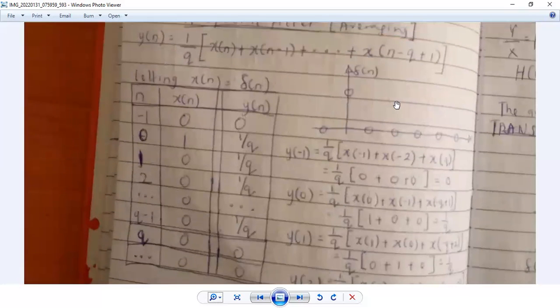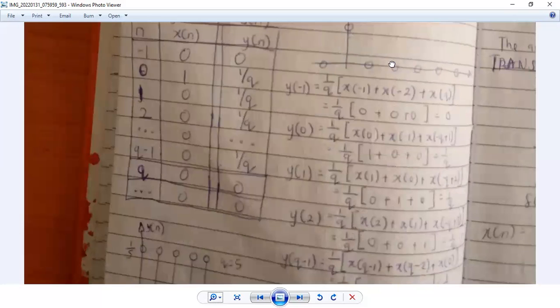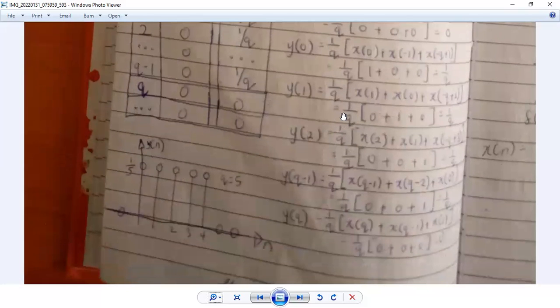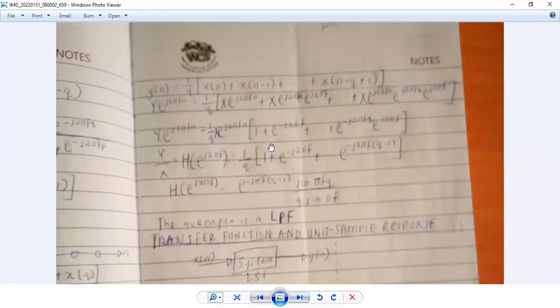Like I said, it's a FIR filter, but we want to determine if it is a high pass or low pass filter. From the time plots, we cannot know that. So we need to convert it to the frequency domain to determine whether it is a high pass or a low pass filter.